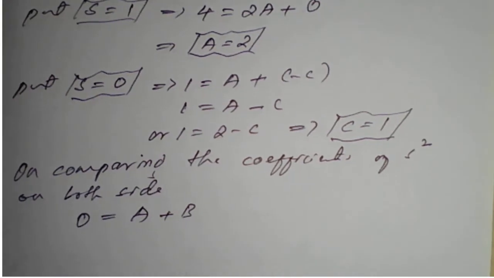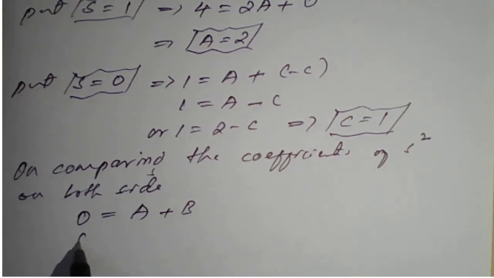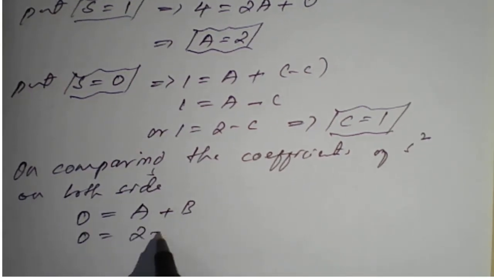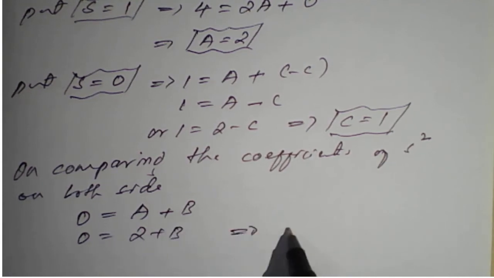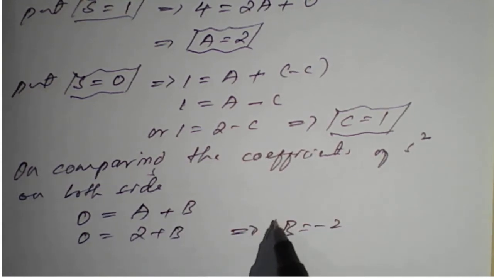We know the value of A, so 0 is equal to 2 plus B, which implies B is equal to minus 2.